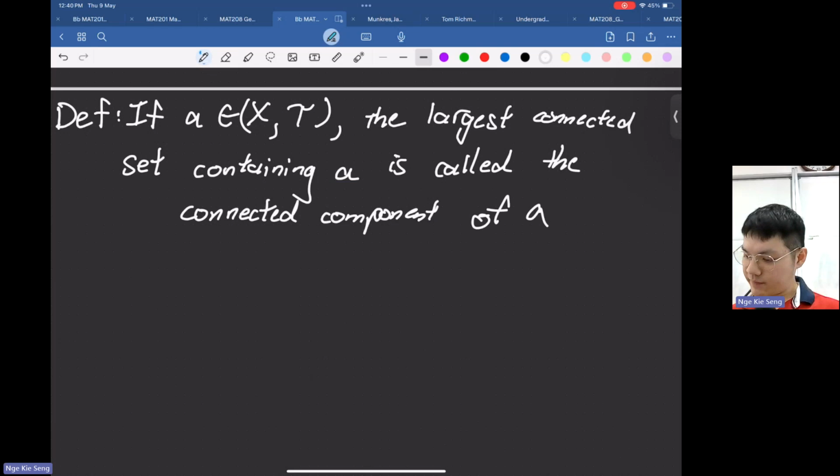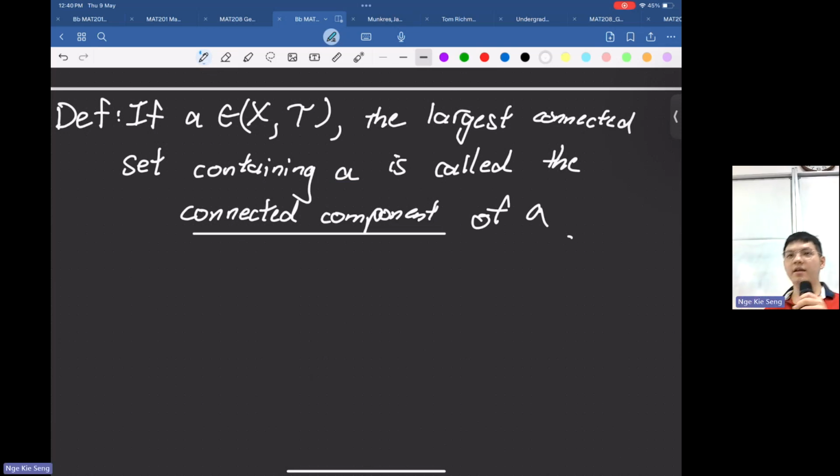What does this mean? You can look at A and then look at everything connected to it, and then you form a set, and you form the largest one. Then this is called a connected component.